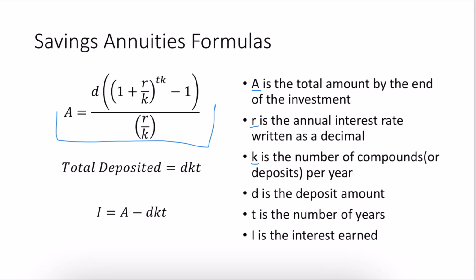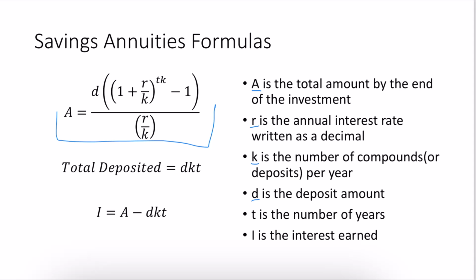K is the number of compounds, but sometimes the problem won't tell you, like, oh, the interest is compounded this often. Instead, they'll say you're making a deposit maybe every month, or maybe every quarter or every day. Usually we don't make deposits that often, but the compounding periods need to match up with the deposits.